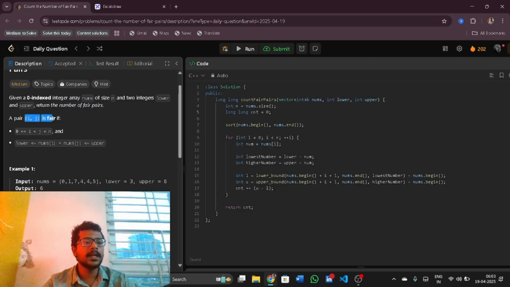A pair (i, j) is fair if 0 is less than or equal to i less than j less than n, and lower is less than or equal to nums of i plus nums of j, which is less than or equal to upper.